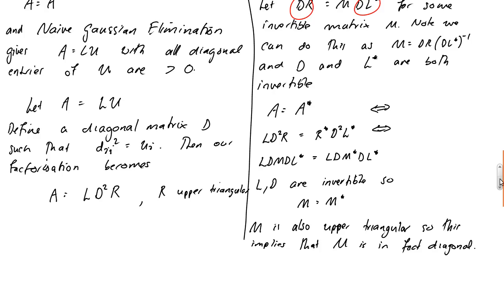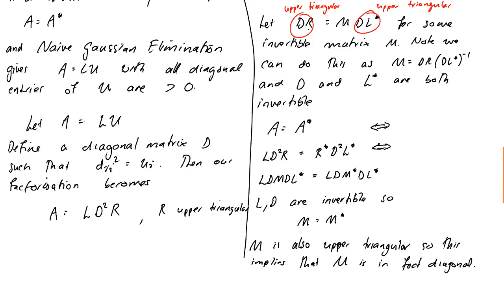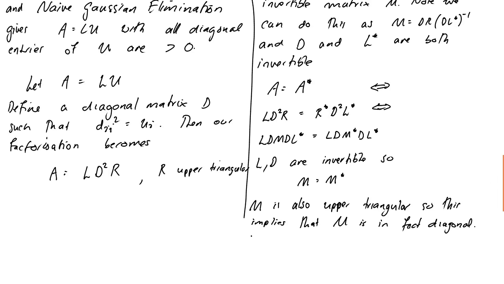Okay, and there's one other thing we can note. R and L star are both unit upper triangular matrices. DR and DL star are both upper triangular matrices, and they have the same diagonal entries because they're multiplying unit upper triangular matrices. So finally, DR and DL star have the same diagonal entries.